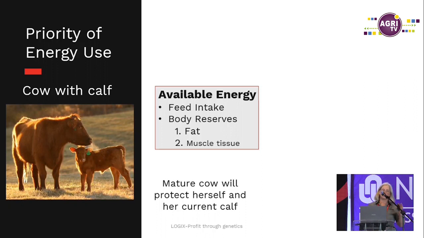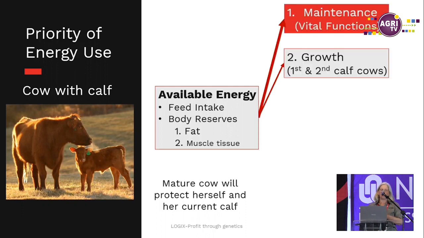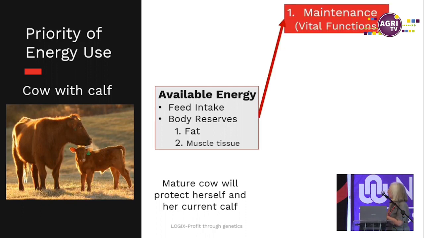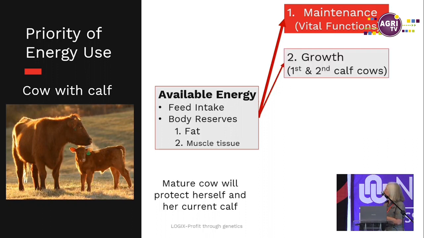So this is the energy that she has available. If she goes into that negative energy balance, what is the priority of energy use? The main part where this energy goes is into maintenance, which is in short her vital functions, and that's to keep the cow alive. And that's the biggest energy drain on her. Second is growth.